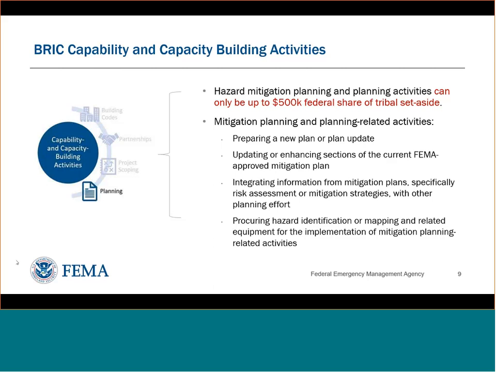But if you're here today and you don't have a hazard mitigation plan, you really want to focus on preparing a new plan for your community as part of that tribal set-aside and BRIC capability and capacity building. Next slide.